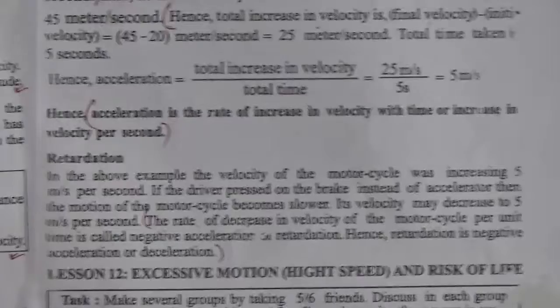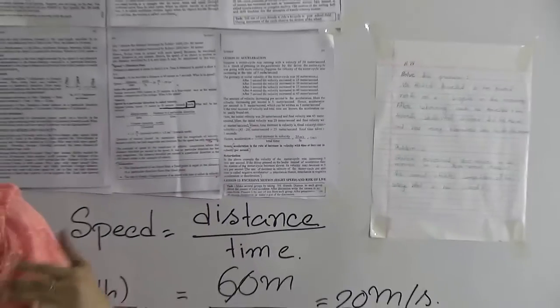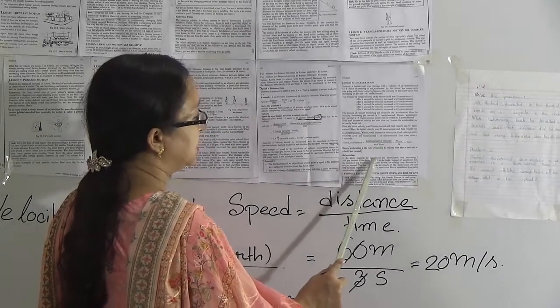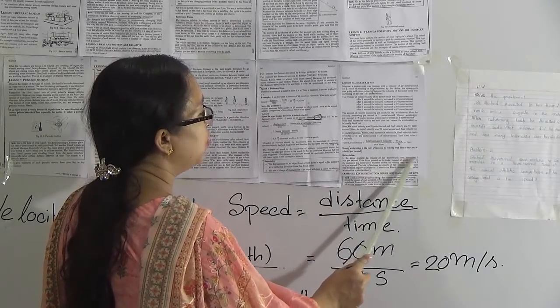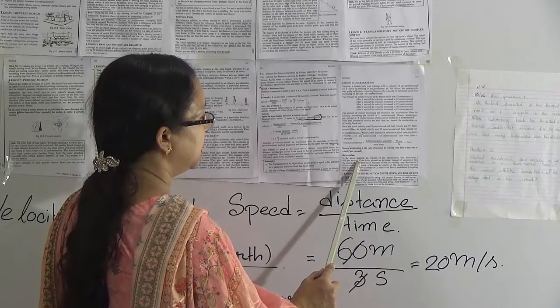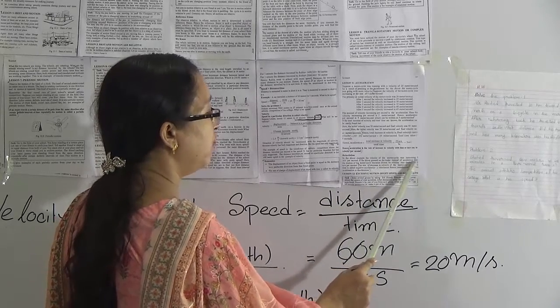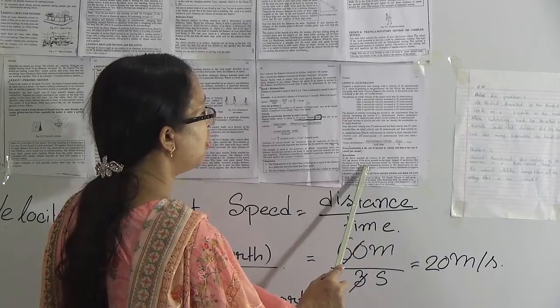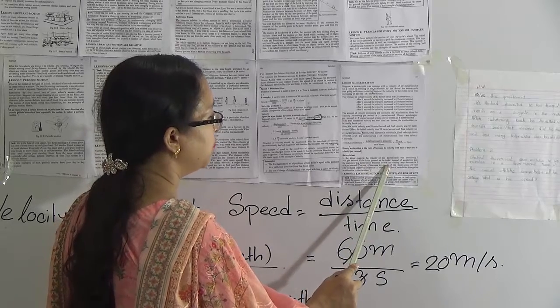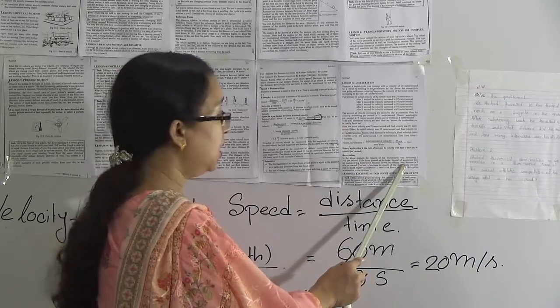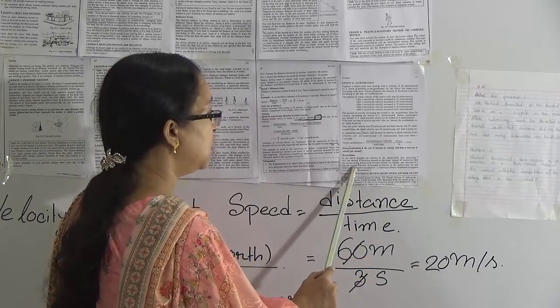Now retardation. What is retardation? The opposite of acceleration is retardation. In the above example, the velocity of the motorcycle was increasing by 5 meters per second. If the driver pressed the brake instead of the accelerator, then the motion of the motorcycle becomes slower. Its velocity may decrease by 5 meters per second.